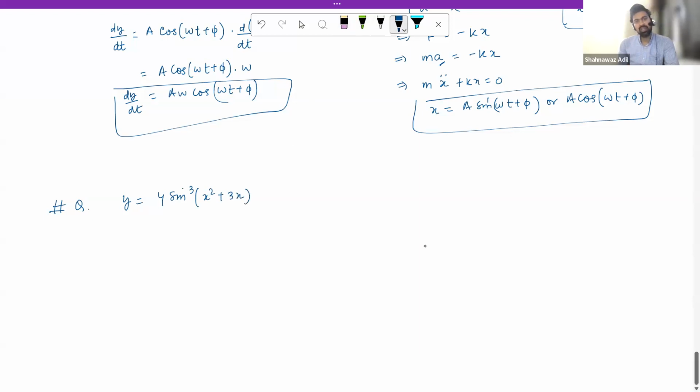So how many functions are there in this question? One. Because, what do you mean by function? Function of function. So how many individual functions are there in this question?